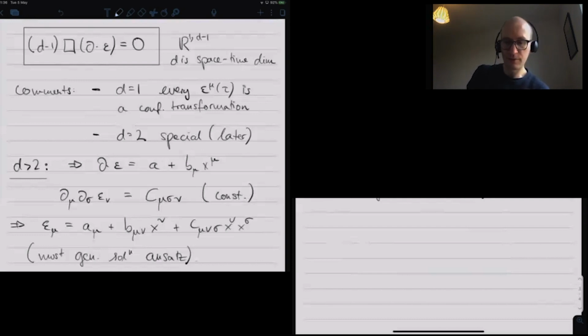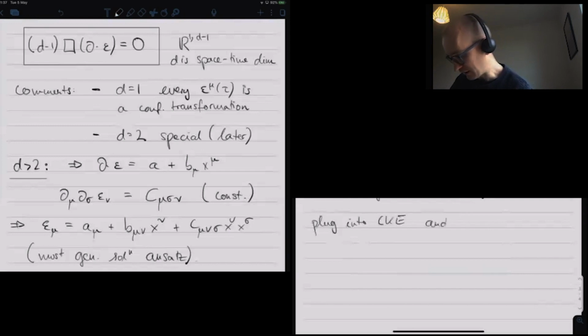But the point is that we go up in the hierarchy of these equations now. So we plug this ansatz into the conformal Killing equation and determine each term.